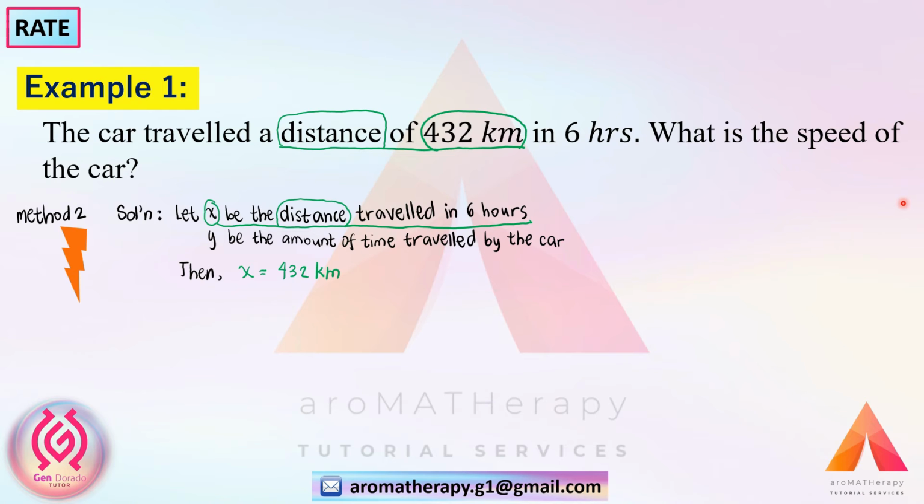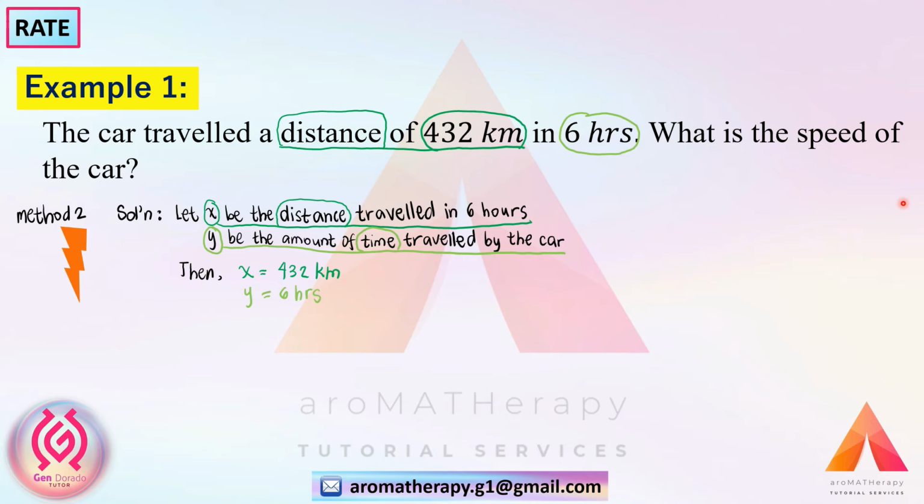Next, let's proceed to y. Let's find the value of y. Y is the amount of time traveled by the car. So how long did the car travel for 432 kilometers? 6 hours. So therefore, you're right. Y is equal to 6 hours. Okay na? Nakakasunod?